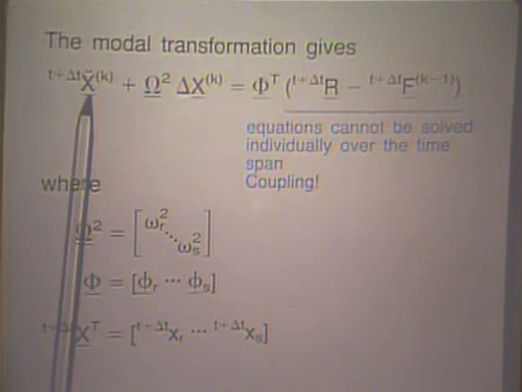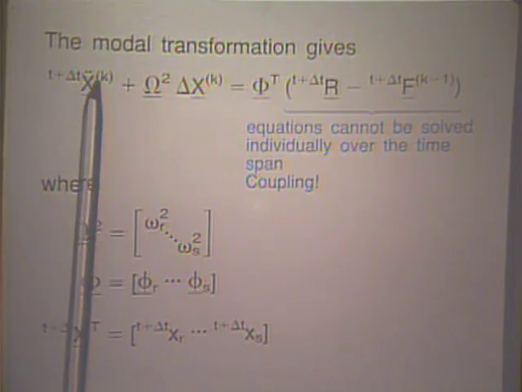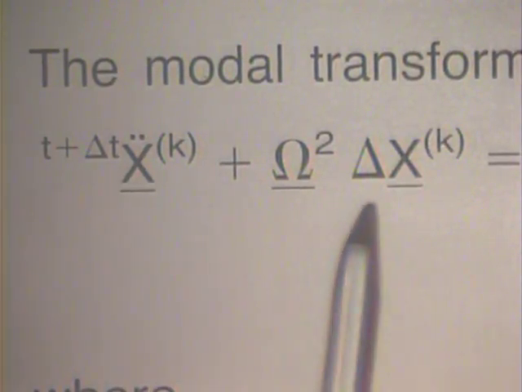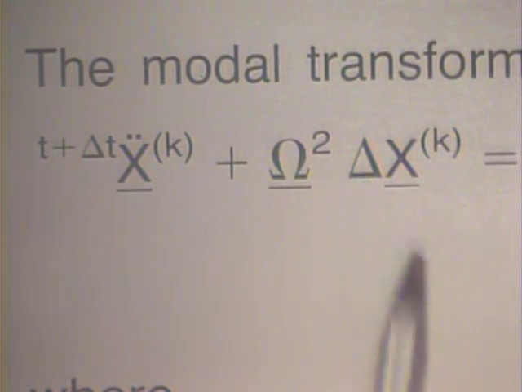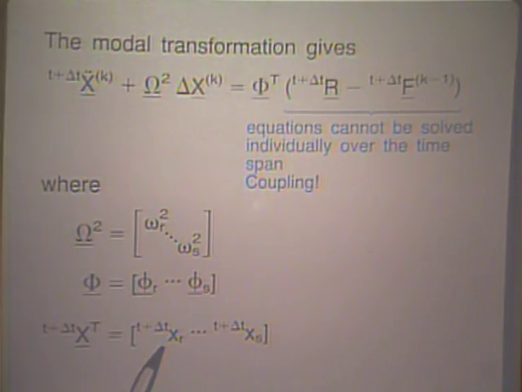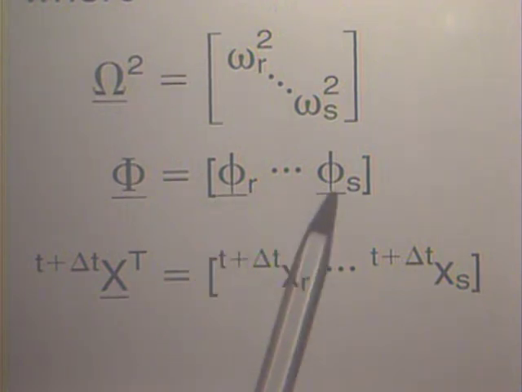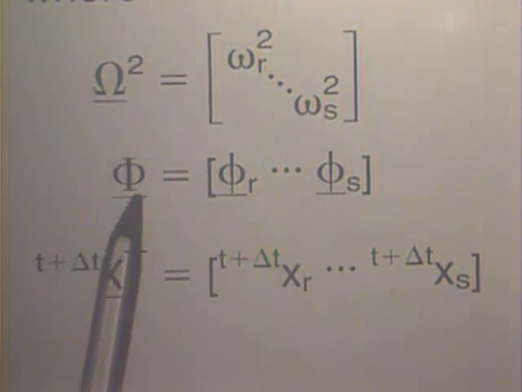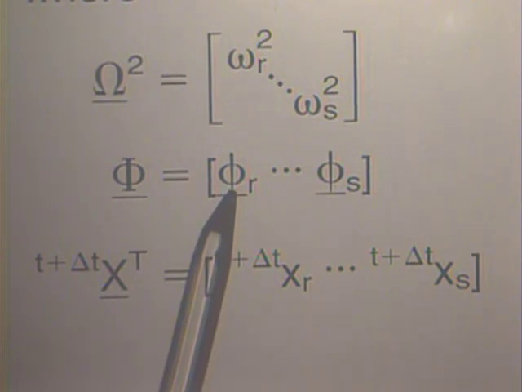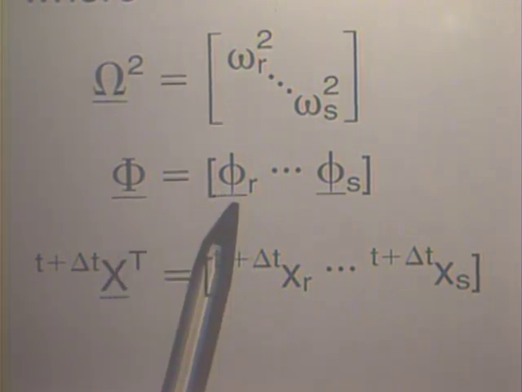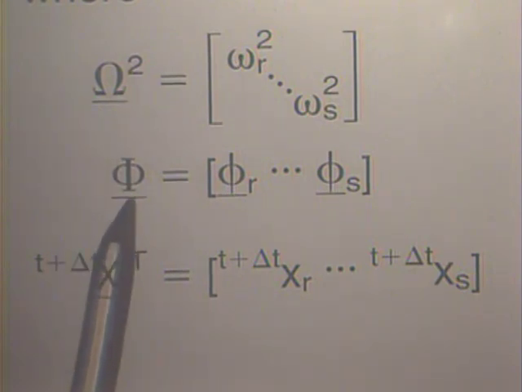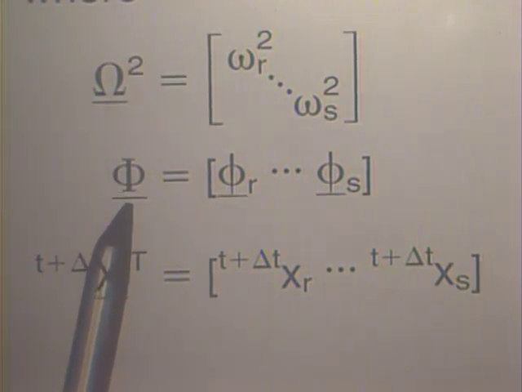Now notice here that in this vector x double dot and in this vector x, delta meaning increment, we have only the components corresponding to the R mode up to the S mode. These are the generalized displacements corresponding to phi R up to phi S. Here we have phi R to phi S listed in this matrix, capital Phi. Lowercase phi for these here. These are the columns in this matrix that is denoted as a capital Phi.